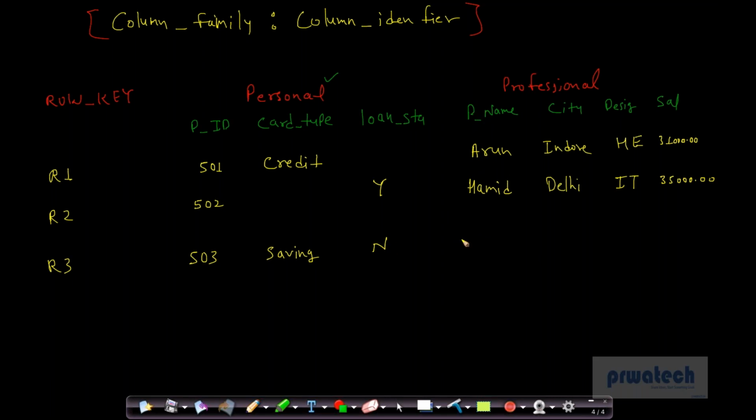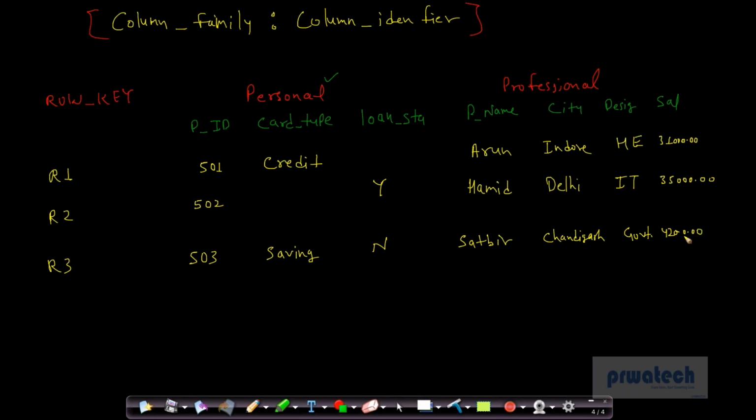I know the person name as Sapir. I know the city as Chandigarh. I know their designation also, he's a government employee. And salary I know is somewhere around 42,000.